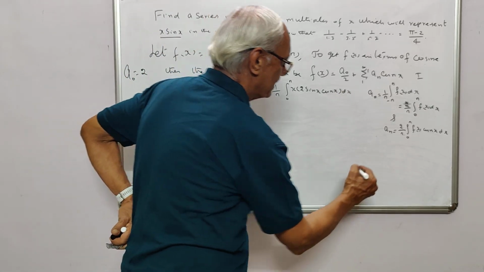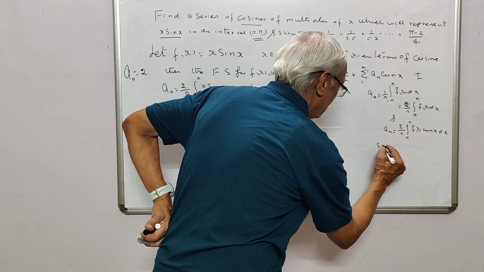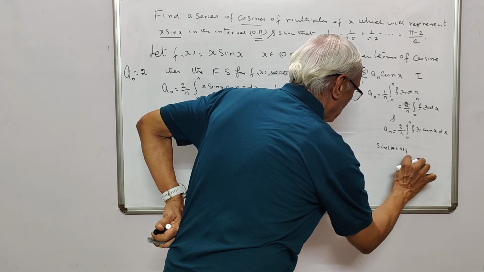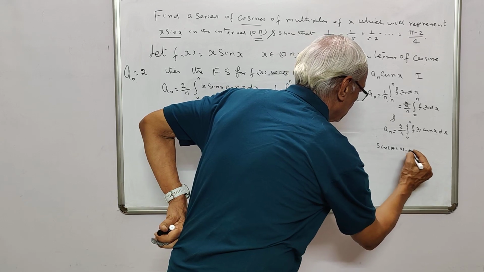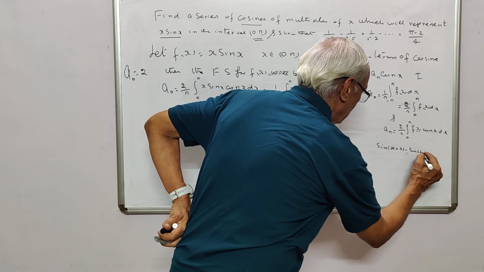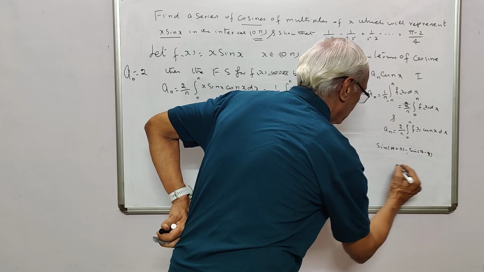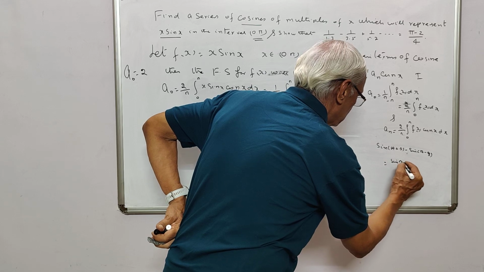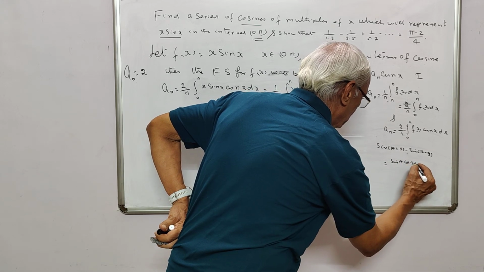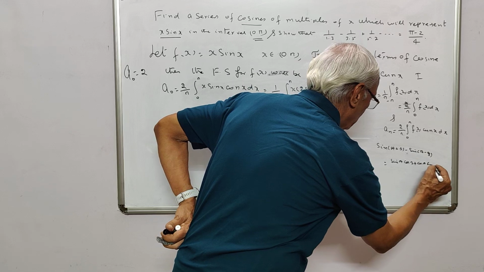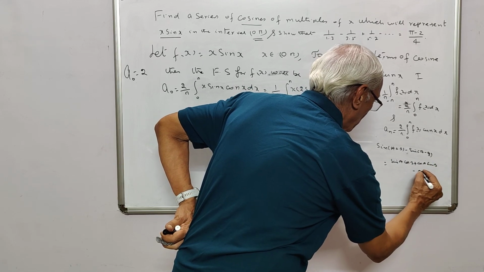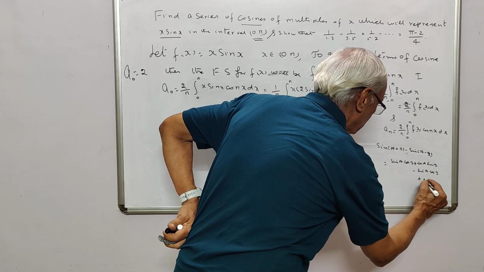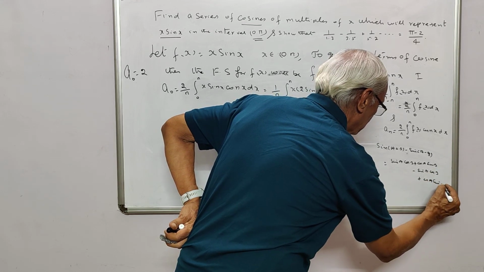Now you see that I will write something here: sine of a plus b minus sine of a minus b will be equal to what? This is sin a cos b plus cos a sin b minus sin a cos b plus cos a sin b.